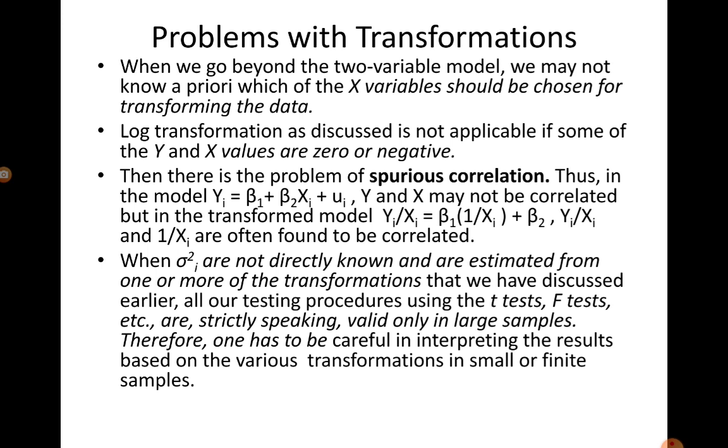Then sometimes the problem of spurious correlation comes up. That is, in the original model, yi is equal to beta 1 plus beta 2 xi plus ui, your y and x may not be correlated. But in your transformed model, you actually find that your y by xi is correlated with 1 by xi.